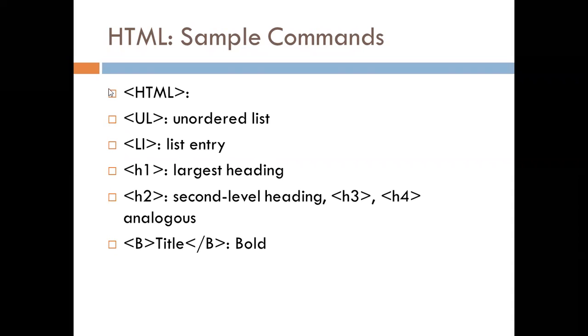On this slide also we have the unordered listing. This kind of bullets comes under the UL, and each element of the bullet is entered in the LI tag, that is the list entry tag. H1, H2 are the heading tags, and again the font sizes will vary.